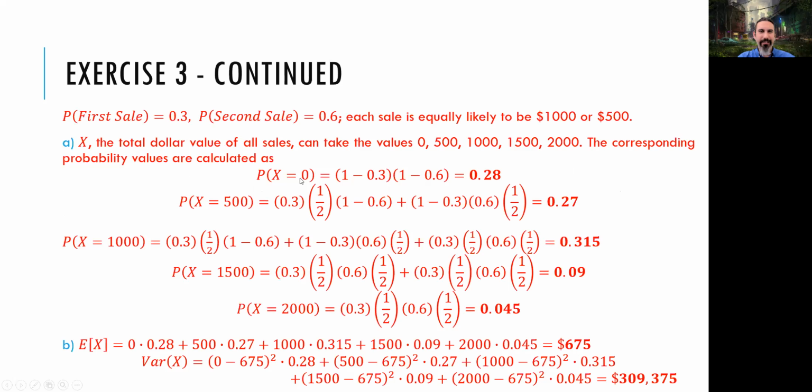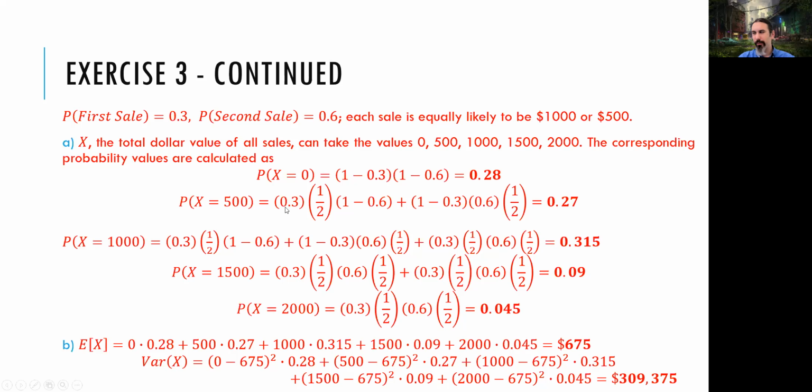To start with, 0, no sales. Okay, my sale probability was 0.3 and 0.6. No sales means 0.7 times 0.4, which is 0.28. Next, 1 sale and selling 500. Okay. With $500, I know that I have sold 1 regular encyclopedia, but I don't know who I sold to, so I have to check both of them. So let's start with the first one.